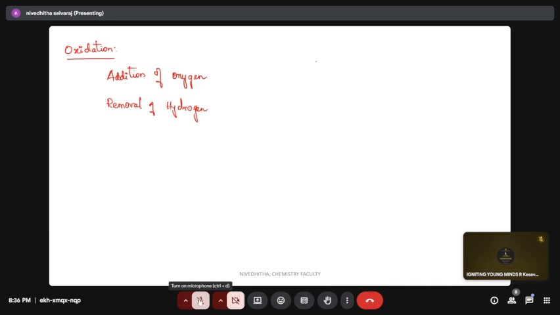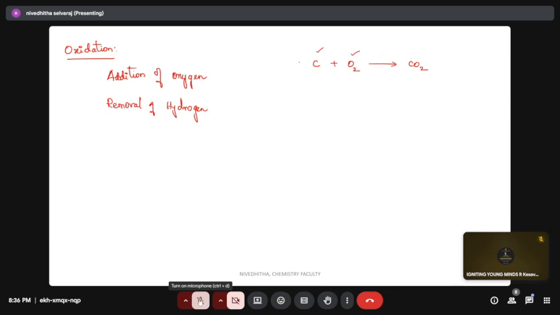For example, I have a carbon. To this carbon, I'm treating oxygen. And this carbon is reacting with oxygen to get converted into CO2. So here, carbon gained oxygen. So it is the addition of oxygen, and this process is called oxidation.